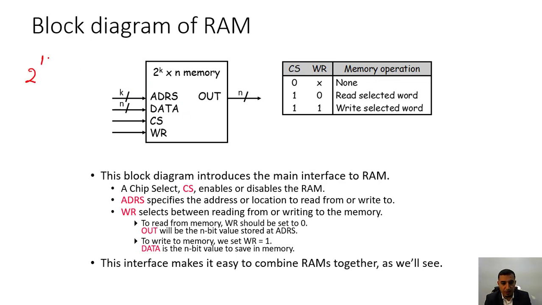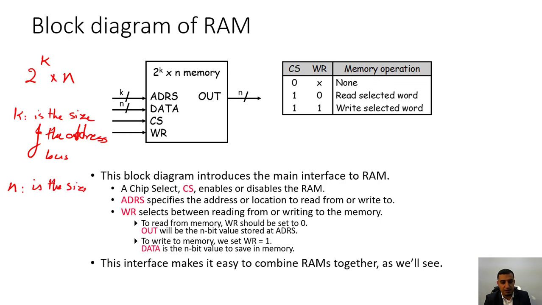We said 2 to the power k multiplied by n, where k is the size of the address bus, while n is the size of the data bus. So it all depends on k and n in your RAM design.